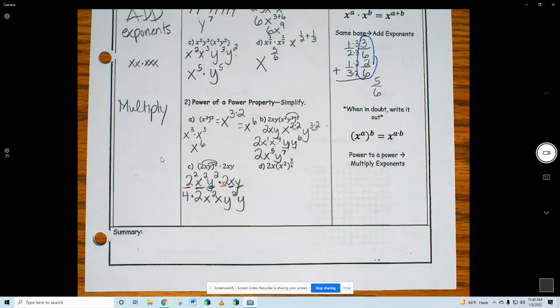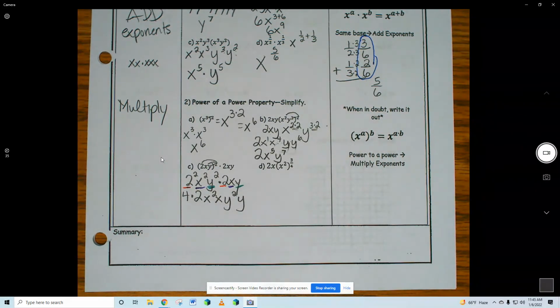Okay, now I can actually go my final step. I do the 4 times 2. Write it down on your paper. X squared, x to the first. Put those together. Write that down on your paper. Y squared, y to the first. Put those together. Write it down.